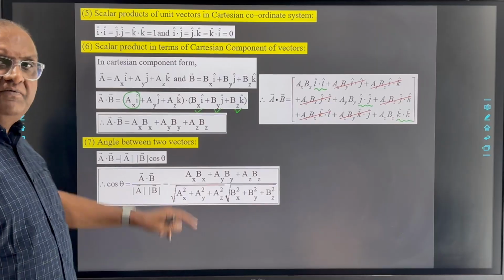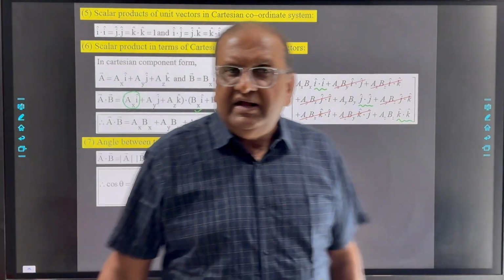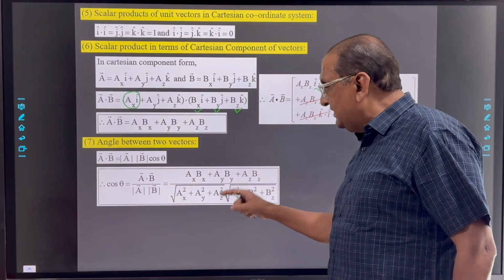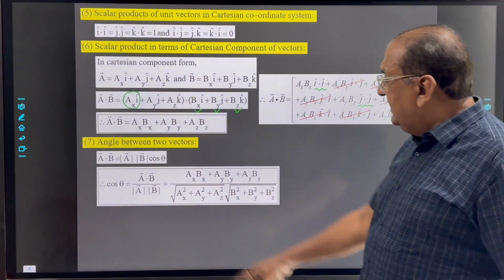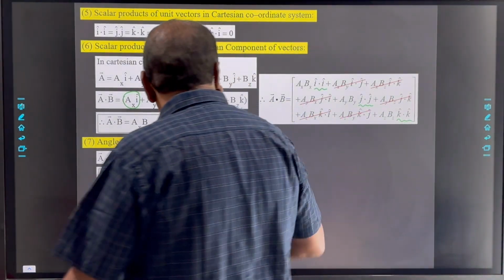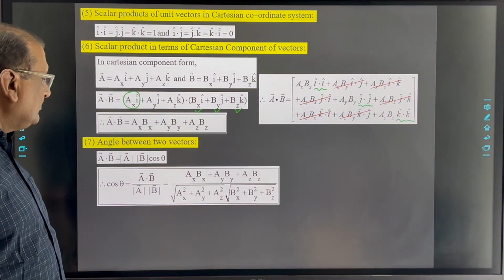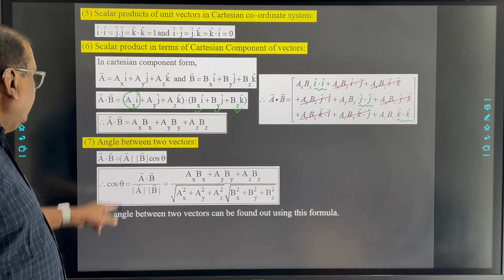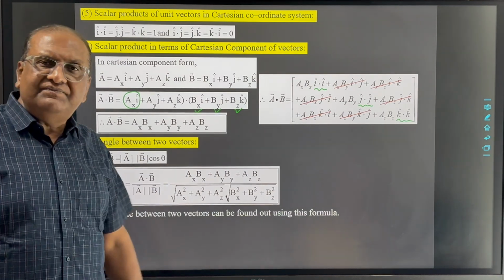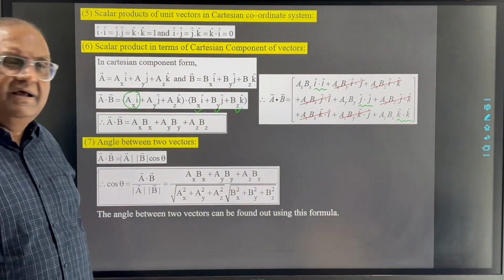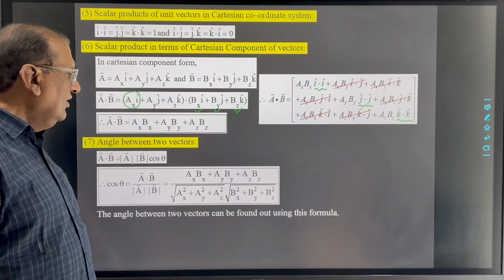And magnitude of A is under root AX square plus AY square plus AZ square. Similarly, magnitude of B is under root BX square plus BY square plus BZ square. So using this particular formula, one can easily find the angle between two vectors also.